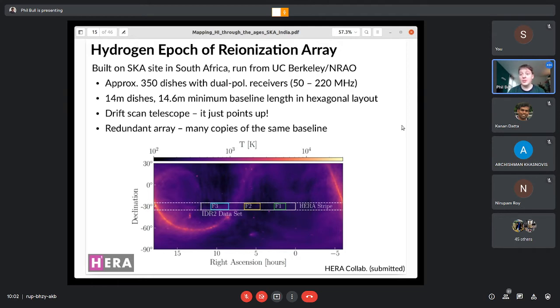That covers what we think is most of the EoR, most of Cosmic Dawn 2. And going to 50 megahertz means that in principle we should be sensitive to the range where the EDGES dip is seen as well, at 75 to 80 megahertz.